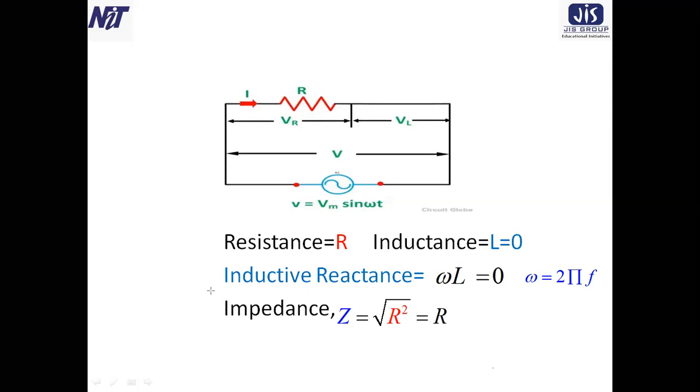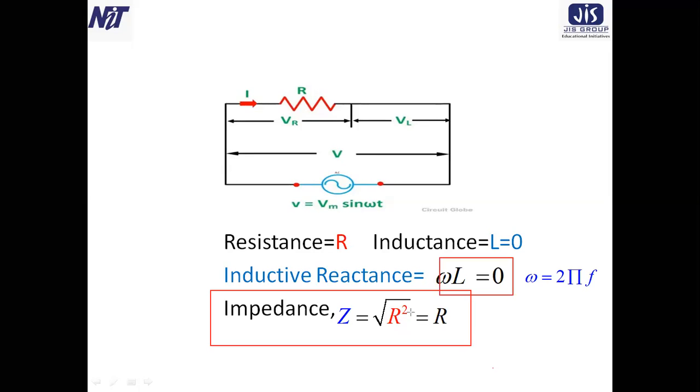The impedance Z equals root over R square plus omega L whole square, but omega L is 0. So only R square is there, which gives R. So for a purely resistive circuit, the impedance will be equal to R. If only resistance is connected in the circuit, the impedance will be equal to the resistance.